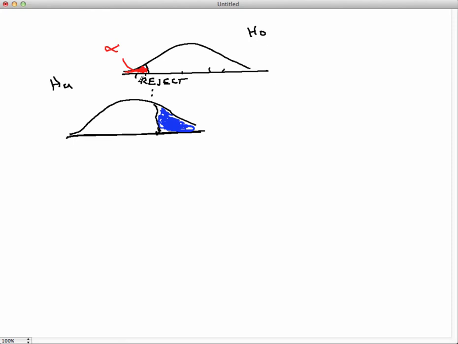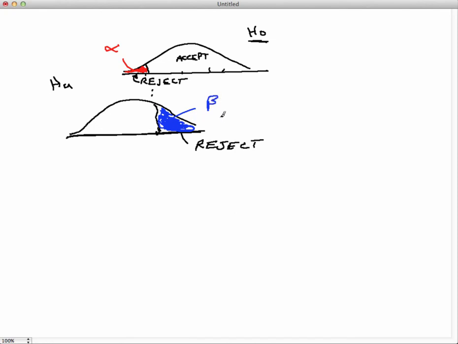Back up here I said that this right here is where I rejected, so this would be where I failed to reject. Well, if I'm supporting the null hypothesis, that must have meant that I rejected the alternate hypothesis, so that's reject down here. And so the thing to see is that that blue region right there, that's beta.